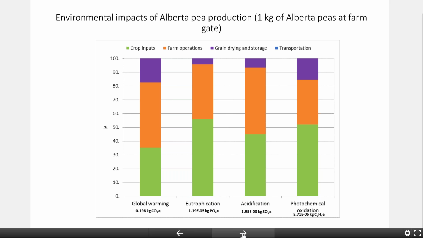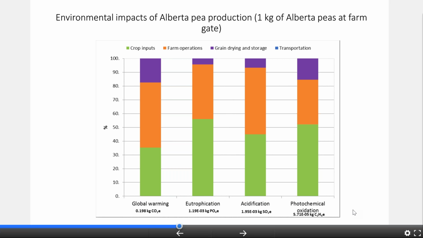Interesting enough, farm operations do play a huge role in all of the areas, as well as the crop inputs. Grain drying and storage, not so much, but still a factor in regards to whether you're drying using likely aeration in most cases, but again, it does increase your environmental impact.